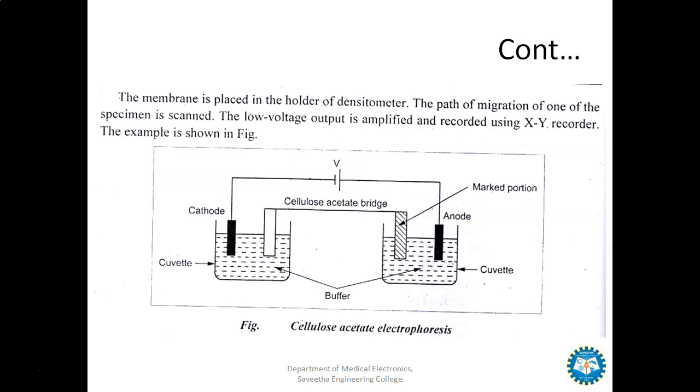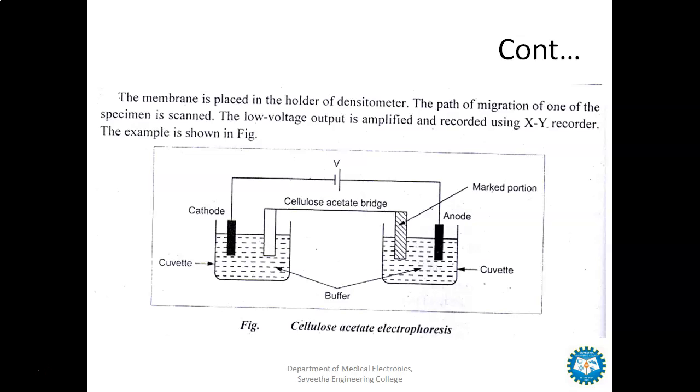This is a setup where the membrane is placed as a bridge, and the acetate solution acts as a bridge, and the potential is applied at both locations of the buffer solution. Now you can see the marked position is nothing but a solution that has been lifted out and migrated over this acetate bridge.